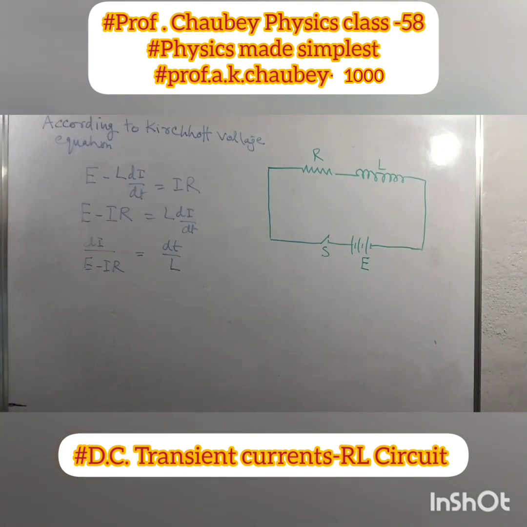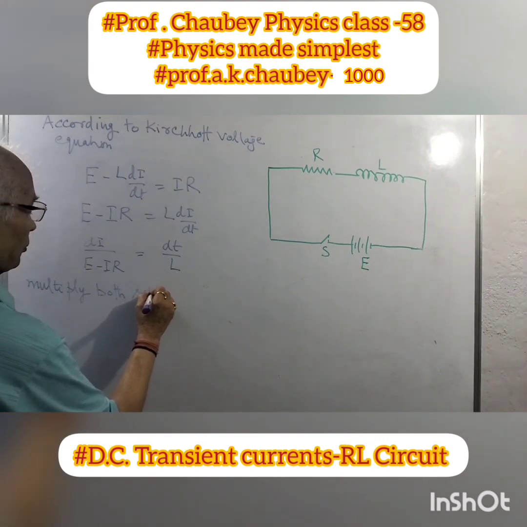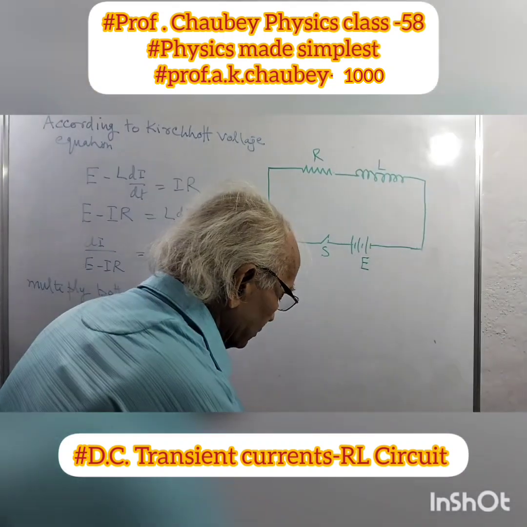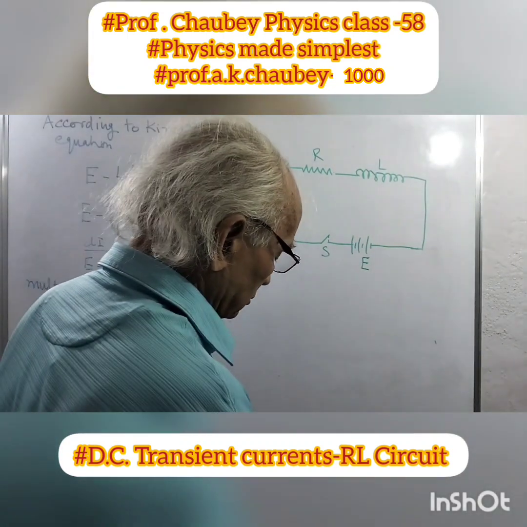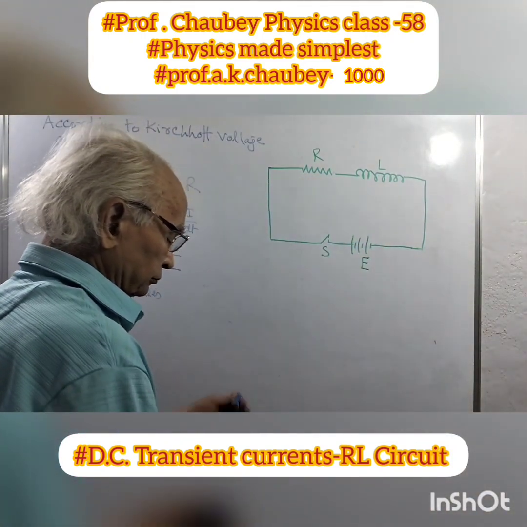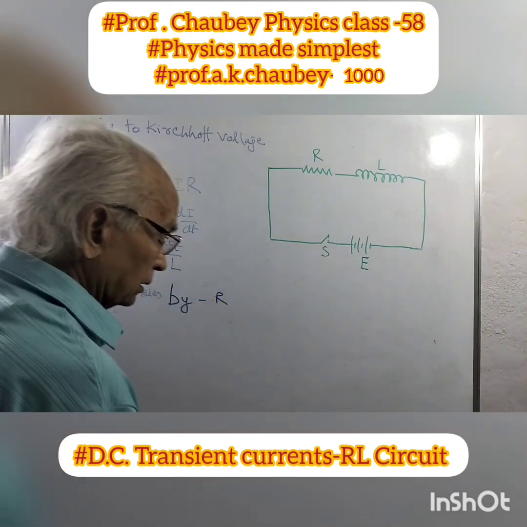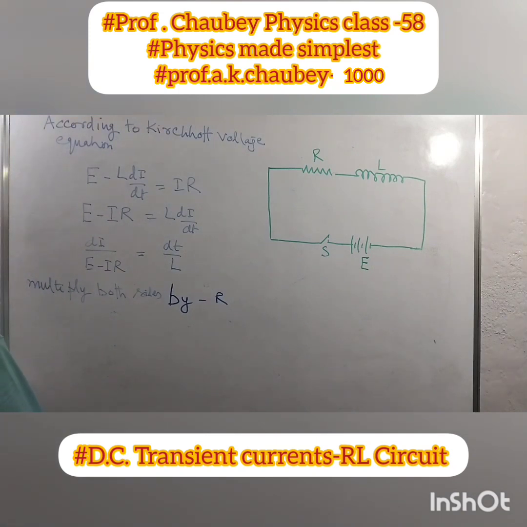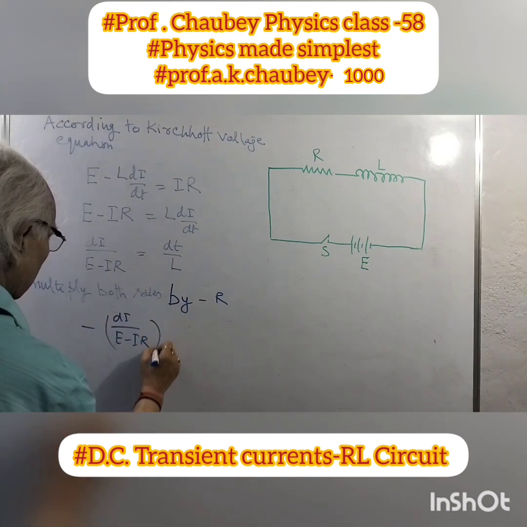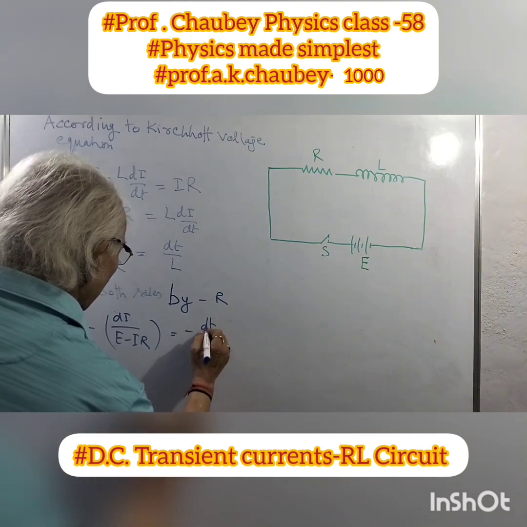Multiplying both sides by minus R, we get minus R di over E minus IR, and this side is minus R dt over L.